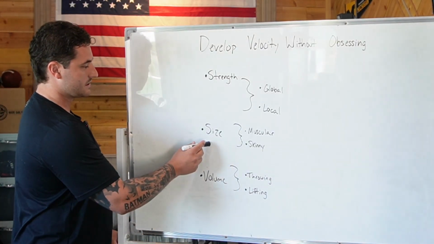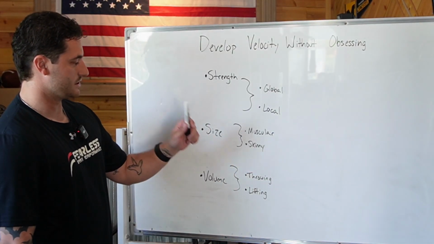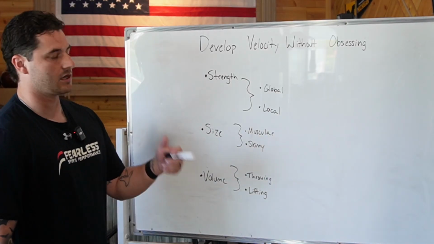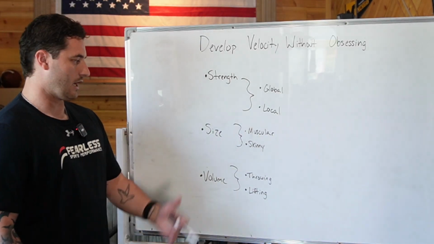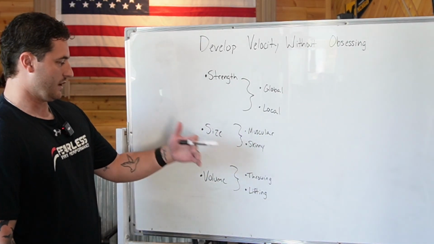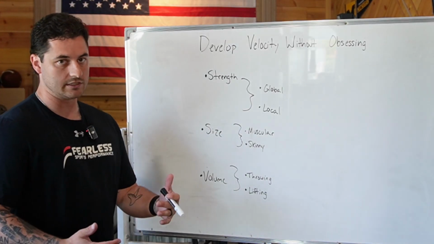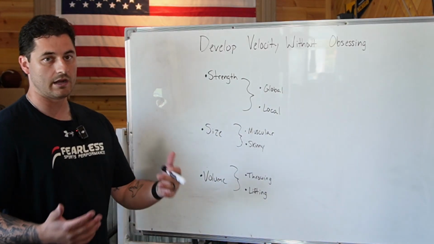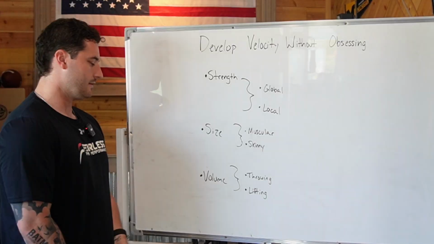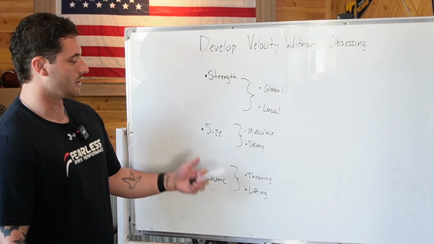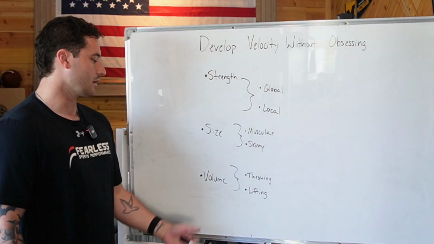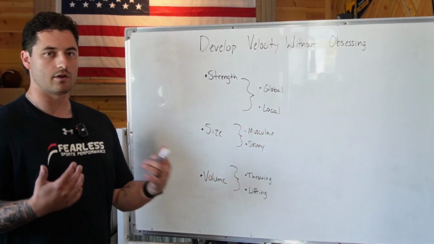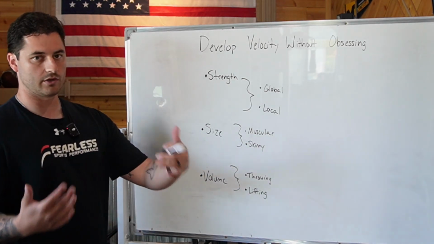Then we've got size, which is gonna be muscular versus skinny. When we're talking about muscular, we're talking about lean muscle mass, or you've got your guys who are big and bulky, or you've got skinny, the dudes who clearly need to put on 10, 20, 30 more pounds of weight, depending where they're at in their development. And of course, at the end, volume. So throwing volume, the number of throws we're making, and then lifting, the amount that our body is able to actually handle when we're in the weight room.